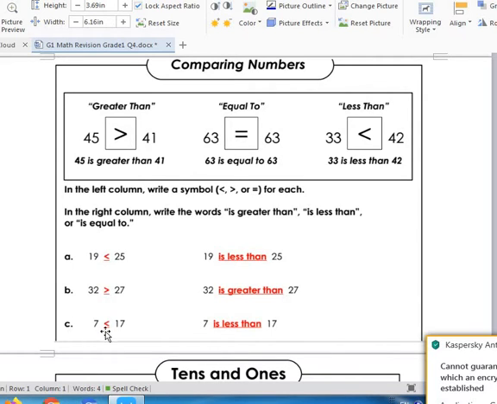So 0 is less than the tens in the other number, which is 1. Again, we compare from the left side. Does this number have any tens? No, so the tens is 0. 0 is less than 1. So 7 is less than 17.